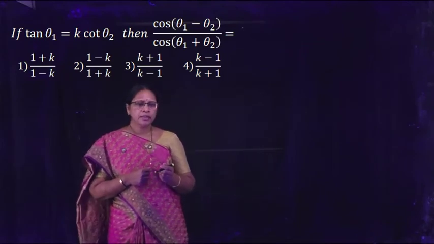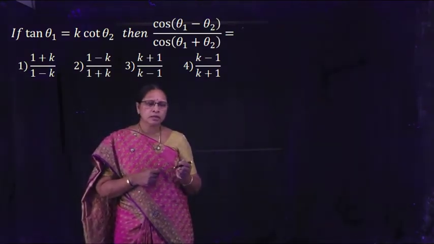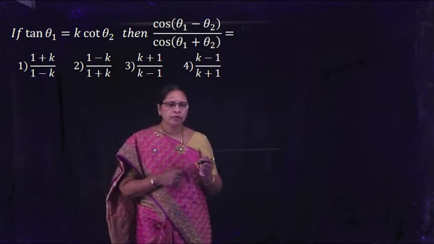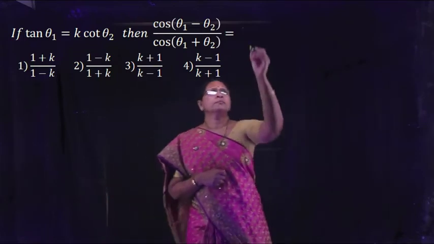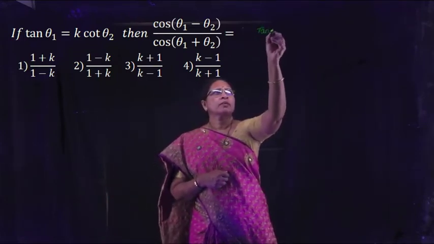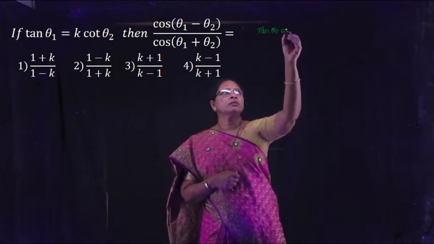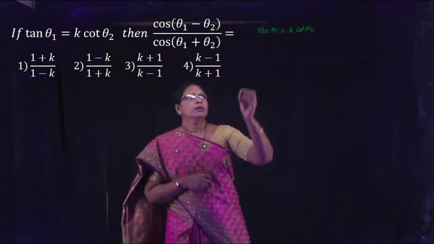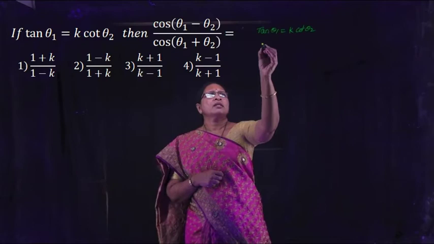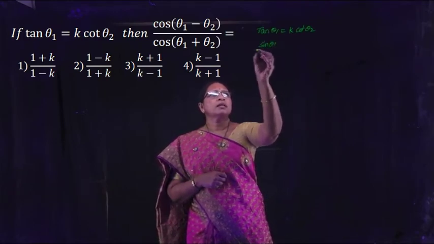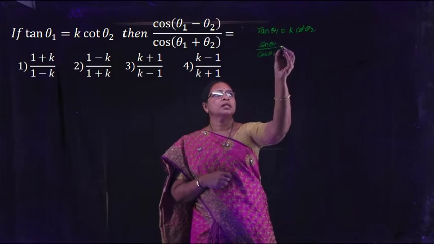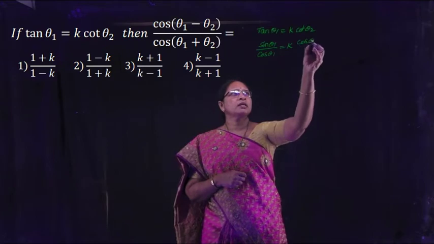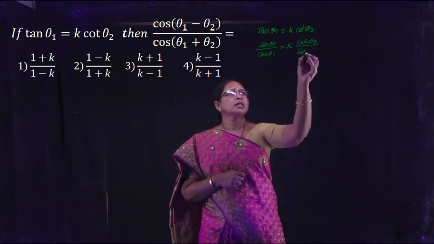If tan theta 1 equals k cot theta 2, then cos(theta 1 minus theta 2) by cos(theta 1 plus theta 2) is equal to. According to the given problem, tan theta 1 is equal to k cot theta 2. We can write tan theta 1 as sin theta 1 by cos theta 1, equal to k into cot theta 2, which is cos theta 2 by sin theta 2.